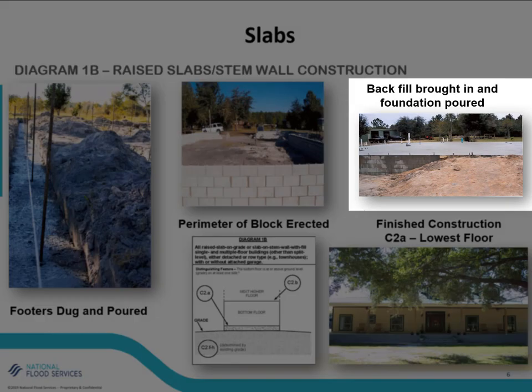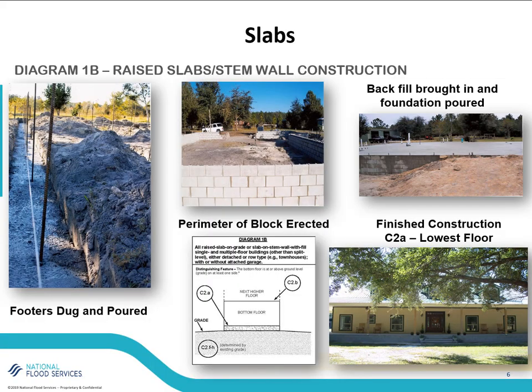Backfill is then brought inside the perimeter of the block, allowing the foundation to be poured on top of the fill. This type of construction is still considered a slab foundation. However, the slab is thicker than what we would find in a diagram 1A. The top of the raised slab is indicated on line C2A from the elevation certificate and is also considered the lowest floor.